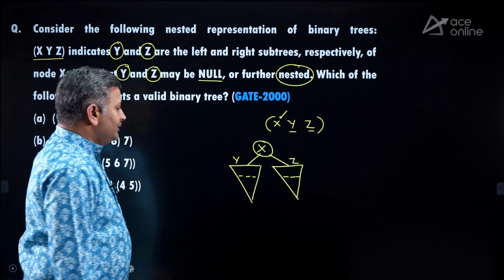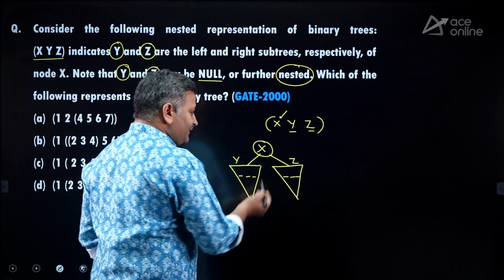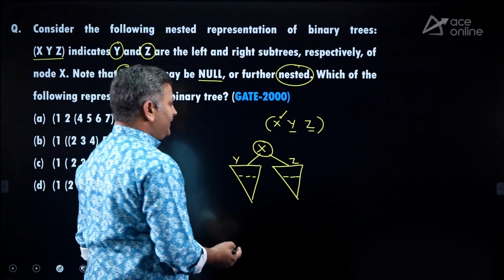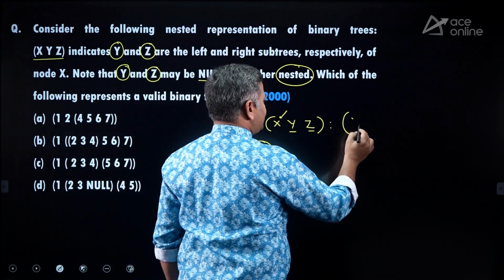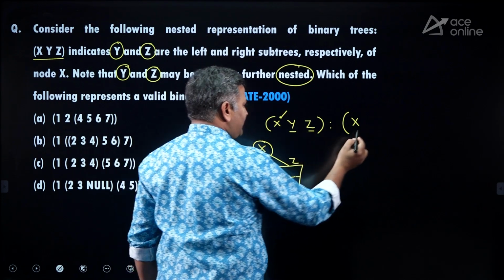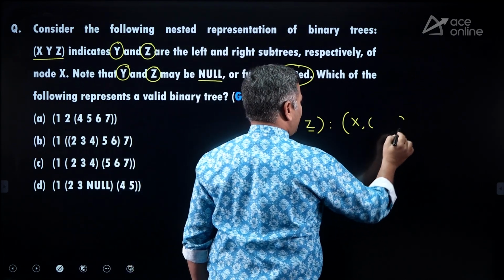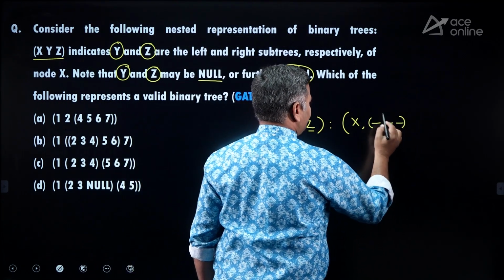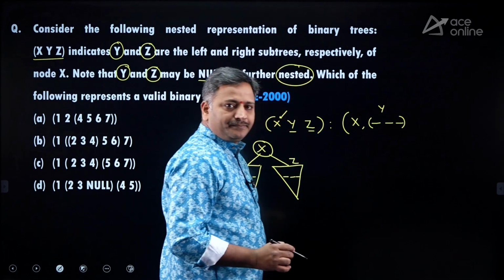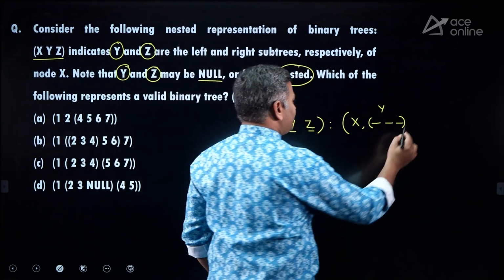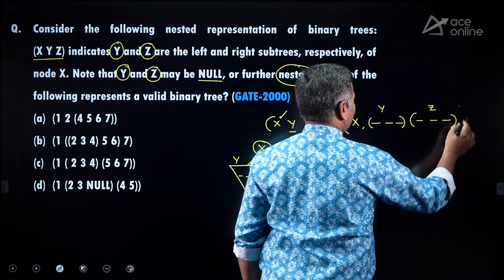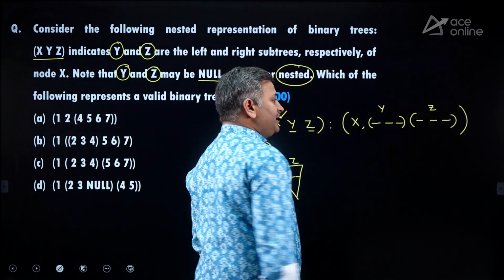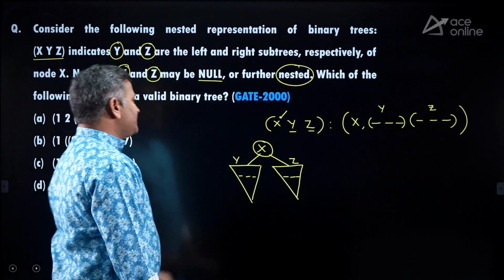Right, friends? Okay. So suppose y and z are further nested, what pattern does it have? If x is the root node, the parent, and y is further nested, it must have 3 more elements like this. Then we can say y is further nested, and z is also further nested, then z also has 3 more elements. So this is the case where y and z may be further nested. Let me check which is satisfying in this case.